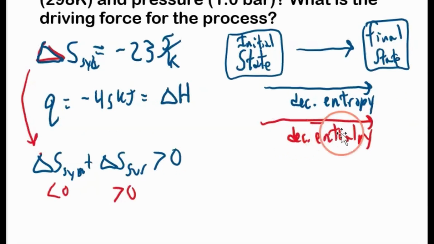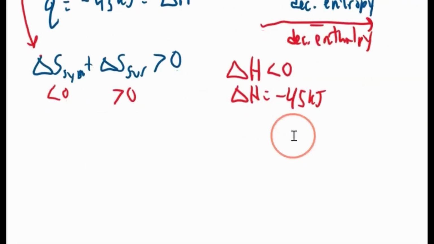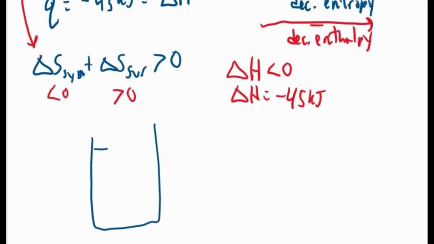Decreasing enthalpy means it's negative, right? The change in H is less than 0. The change in H is negative 45 kilojoules. So this is 45 kilojoules being released to the surroundings, and that's what increases the entropy of the surroundings.